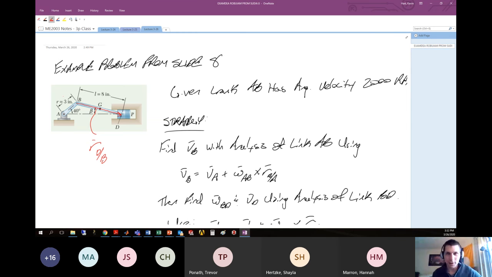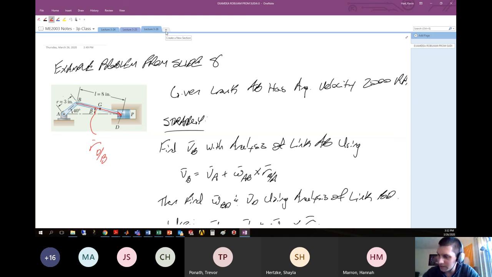We weren't given beta, so we don't have information about this position straight away. We do know the length of this member is 8 inches, but we don't know this angle beta.